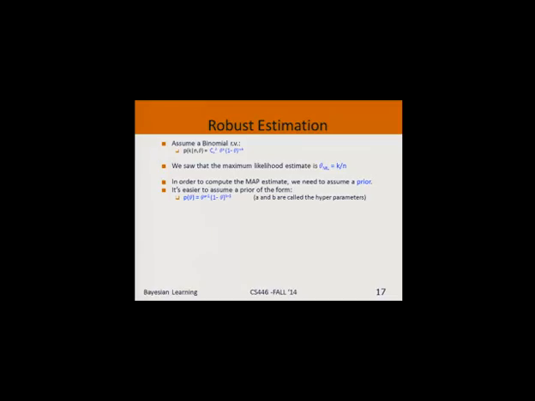So in this case, I'm going to assume a prior that also looks like theta to the something, 1 minus theta to the something. The notation is going to be theta to the a minus 1, 1 minus theta to the b minus 1. And the reason is that if I choose a and b to be 1, I'm getting a uniform prior, right? So I get 1 there. This prior is called the beta distribution.